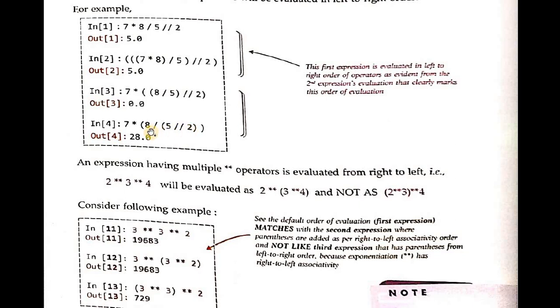Then 8 divided by 2 gives 4, and 4 multiplied by 7 gives 28.